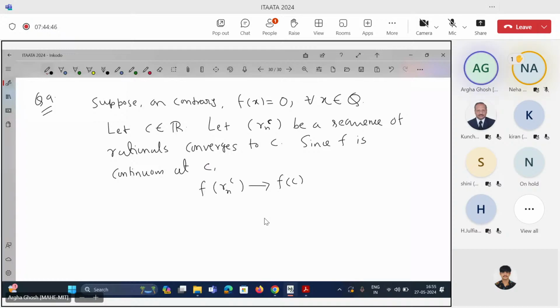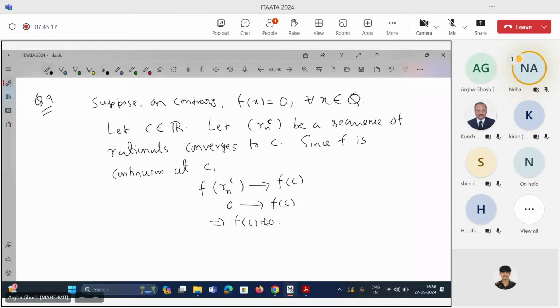Now, because the Rn's are rationals, we have a sequence of zeros converging to f of C. But a sequence of zeros converges only to 0. This implies that f of C equals 0. Now C is arbitrary, so f of x equals 0 for all x, which contradicts the fact that f is a non-zero function.